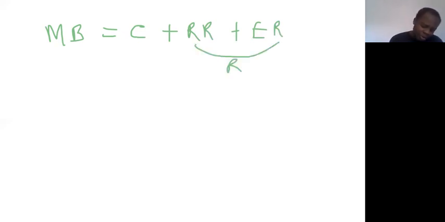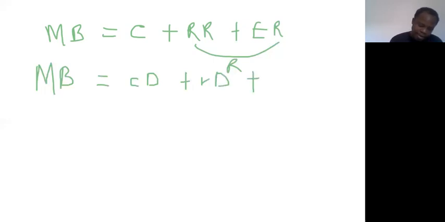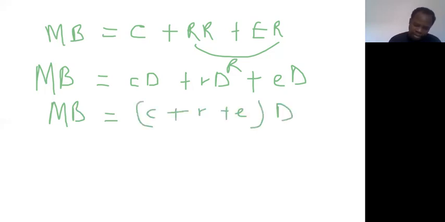Okay. Then because we have been able to write this as a function of D, I can say then monetary base is equal to small c multiplied by D plus R multiplied by D plus E multiplied by D. Then I can say my monetary base is equal to (c plus R plus E) multiplied by D. So I would like to make D the subject in this case.